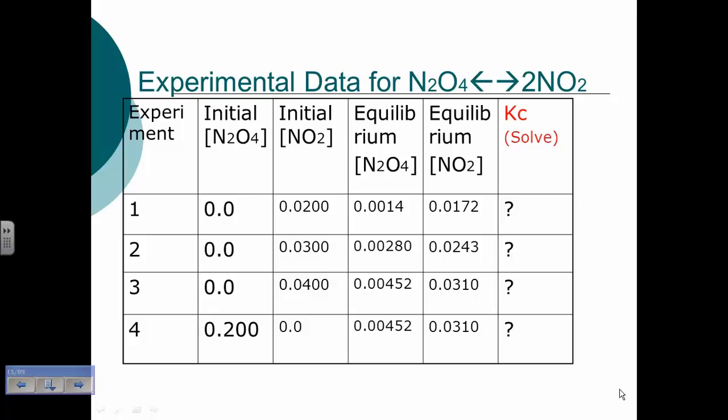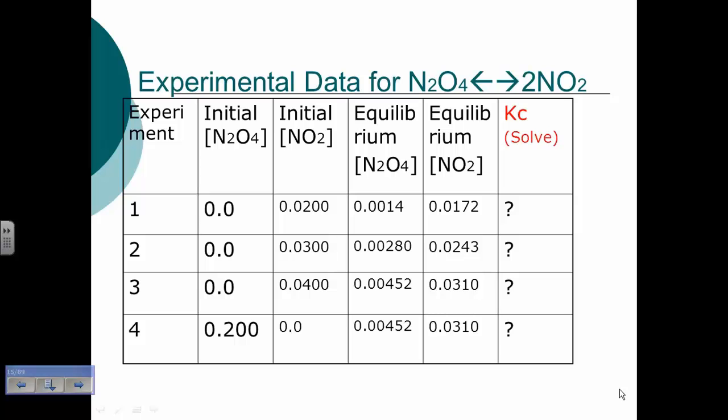We ran 4 different trials, varying the initial amounts of the reactant and product. In the first trial, we started with 0 N2O4 and some molar amount of product. Notice there's an equilibrium. Equilibrium constants must be calculated from equilibrium concentrations, not from initial values.